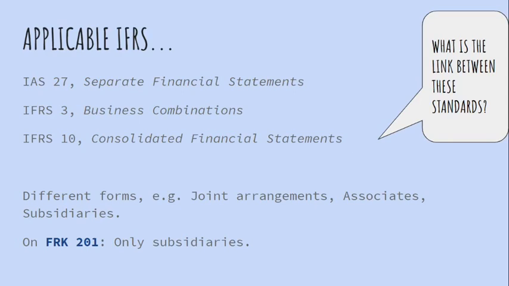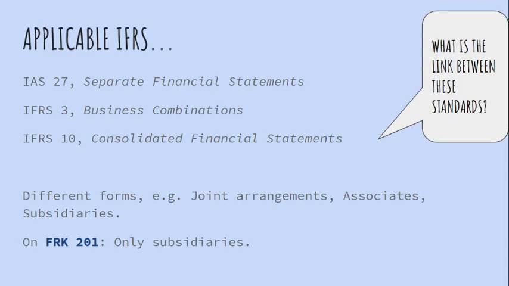IAS 27 looks at the separate financial statements, and specifically the separate financial statements of the parent, and the accounting treatment of the investment in subsidiary that is accounted for in the separate financial statements of the parent. Please make sure that you can distinguish between the separate financial statements of the parent and the subsidiary versus the consolidated financial statements.